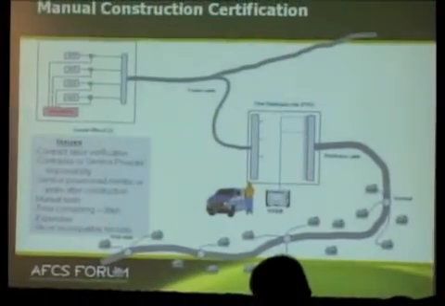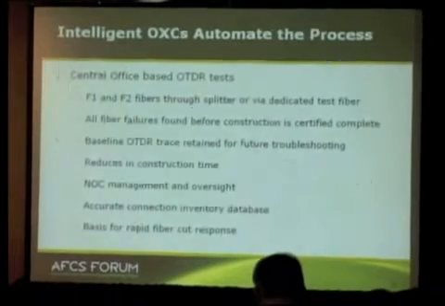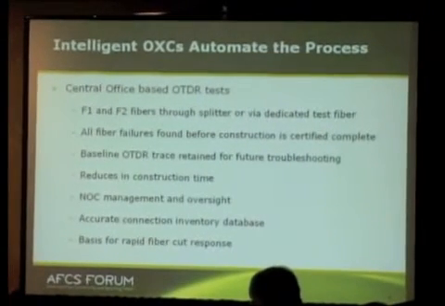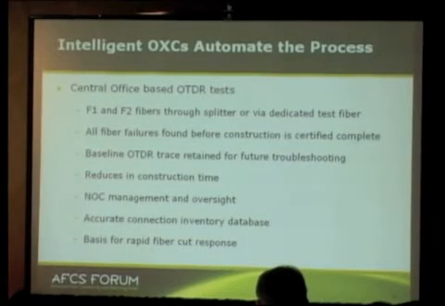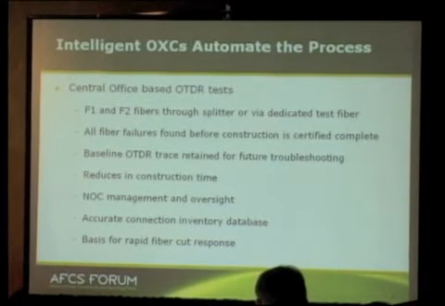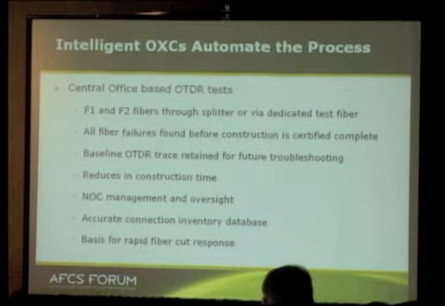What we're proposing is that instead of just having this end-to-end connectivity test, you actually run an OTDR test, and it not be manually oriented, as in this particular case where you dispatch somebody out there to run the test, but that you are actually moving into the cross-connect capability where you're putting the F1 and F2 fibers both through a splitter via a dedicated test fiber.